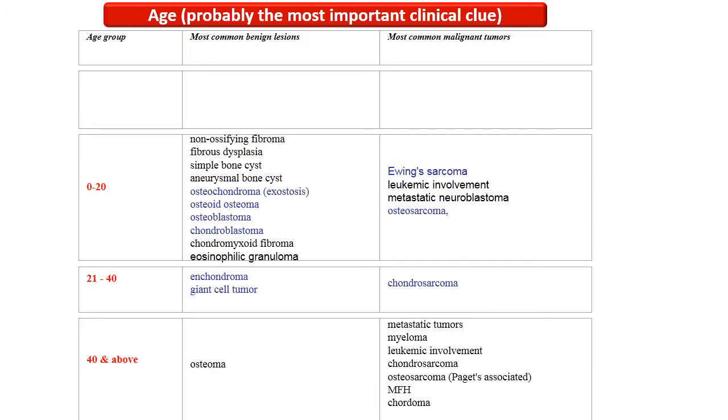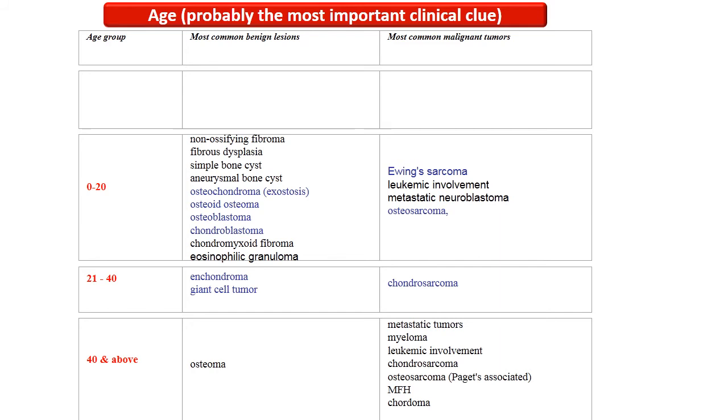For the bone tumors affecting the age group of 21 to 40 years, the benign tumors are enchondroma and giant cell tumor, while the malignant tumor of this 21 to 40 years age group is chondrosarcoma.